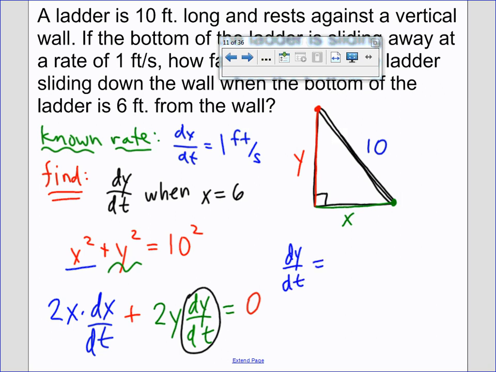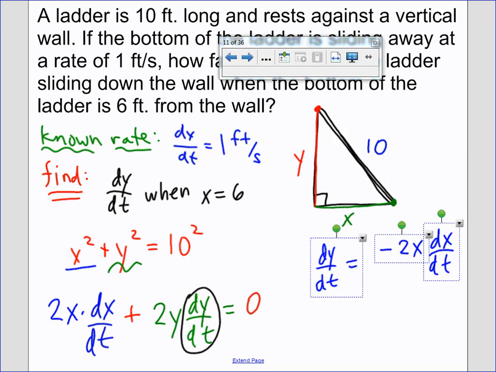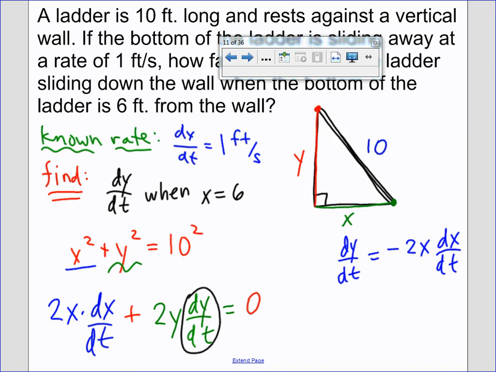How will we do that? Well, it looks like we'll have to subtract over the x term, negative 2x dx dt, and then divide by our 2y.